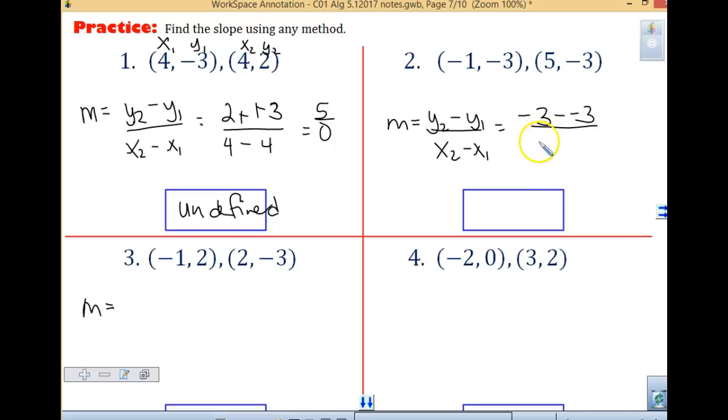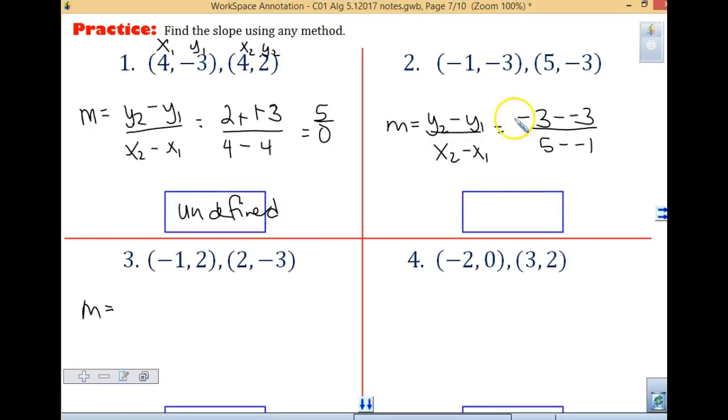Some of you see our answer? I'm going to put in my denominator 5 minus a -1. That minus a negative, again, when you are looking at that, changing it to adding the opposite, for some of you, that is going to be your saving grace. It's going to help you to not make silly mistakes. 0 divided by, in this case, 6, which is 0.